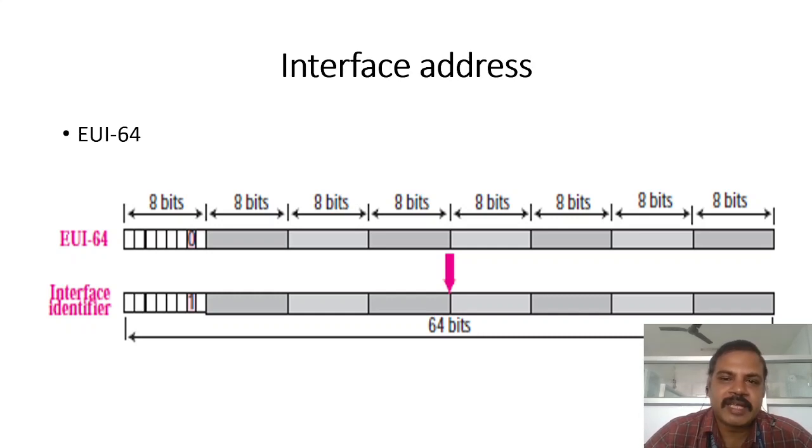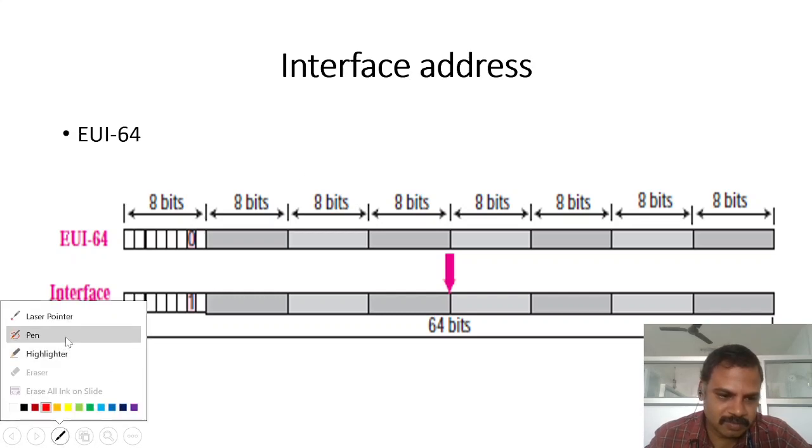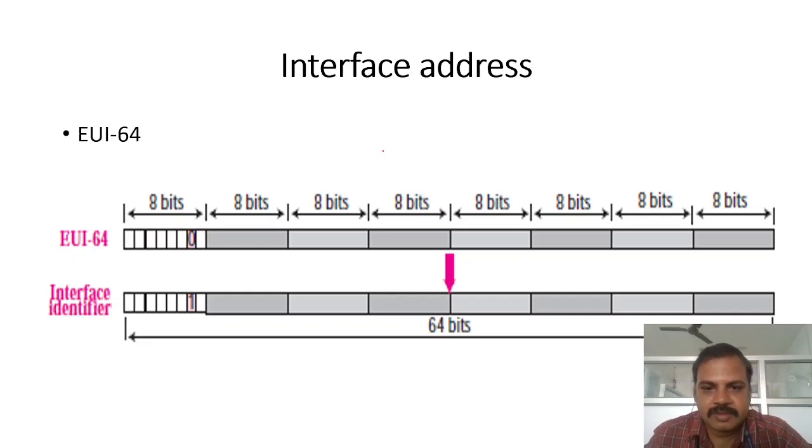But in the case of IPv6, auto configuration is supporting the interface identifier. So let's see. Hope you know about the physical address or Ethernet address. Do you know the length of the address? The physical address is 48-bit length.